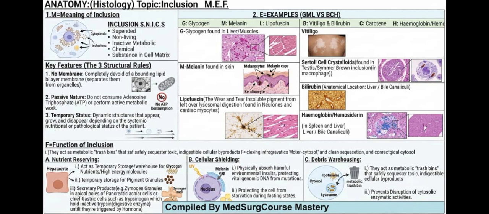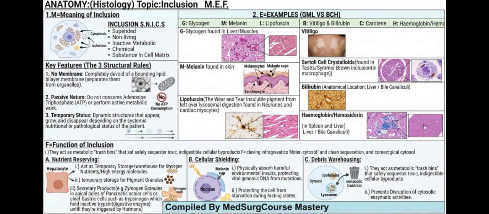We move on. Cellular shielding. Which example of inclusion can act as cellular shielding? Think. We have glycogen, we have vitiligo, we have melanin, we have lipofuscin. Melanin, because it's on the skin, black pigment. Yes.